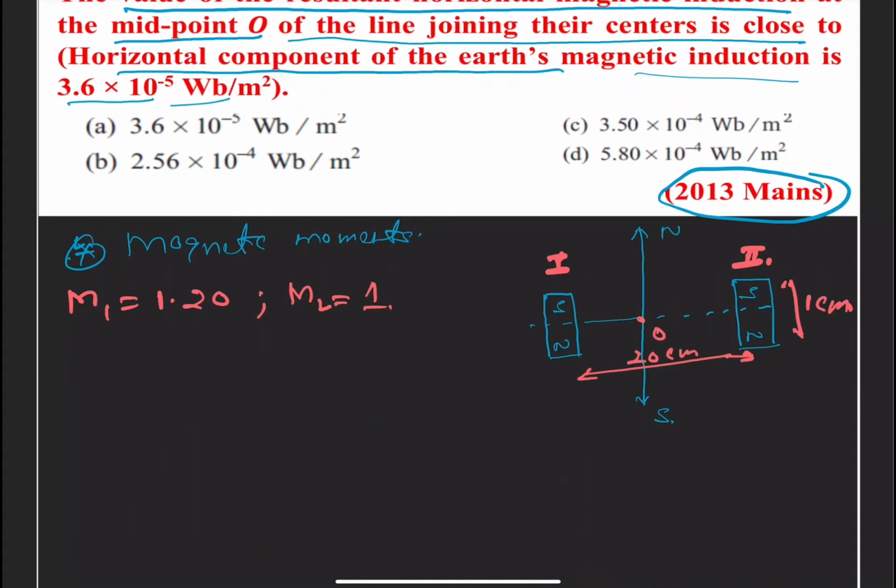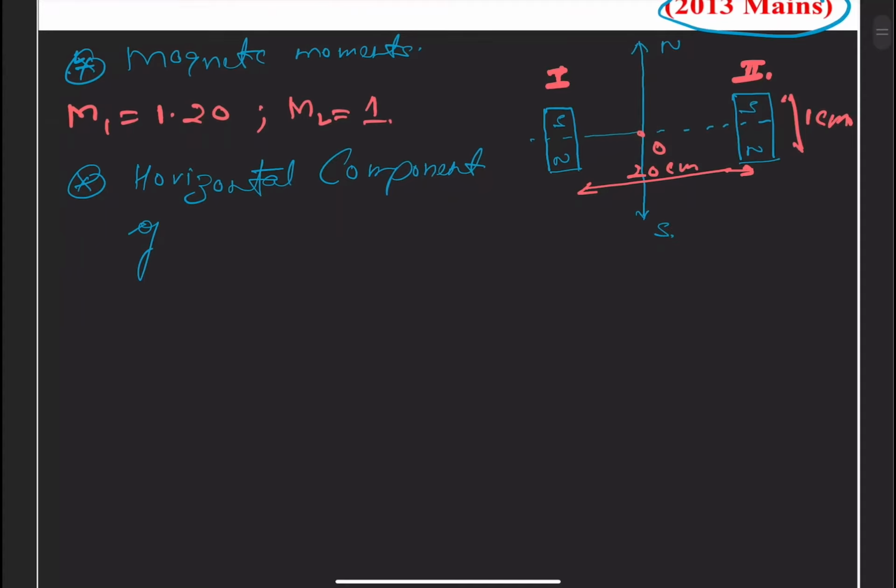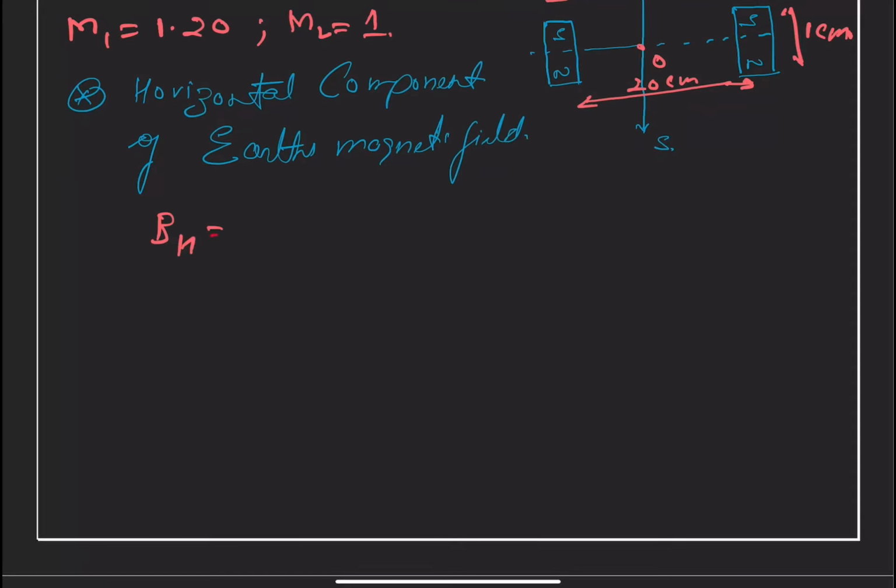And we are also given the horizontal component of the Earth's magnetic field, BH, is equal to 3.6 into 10 to the power minus 5 Weber per meter square.